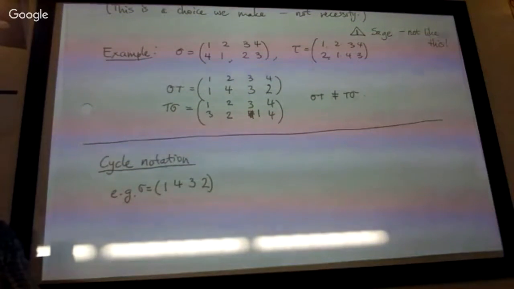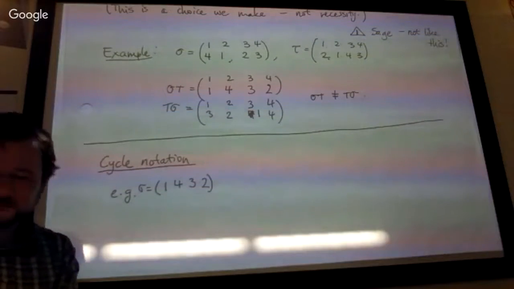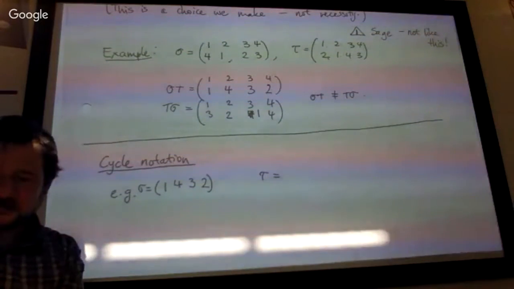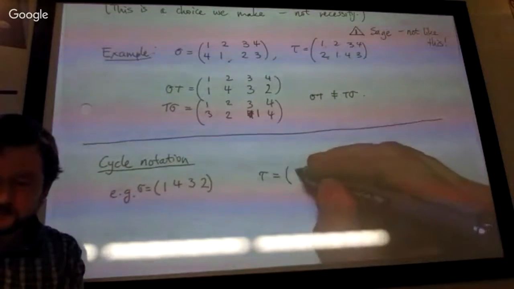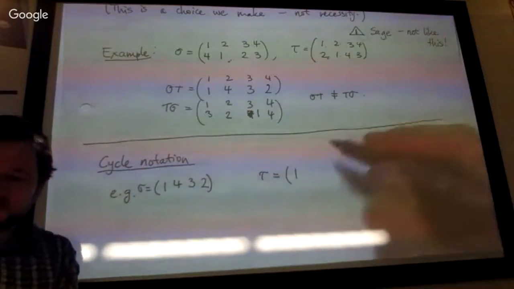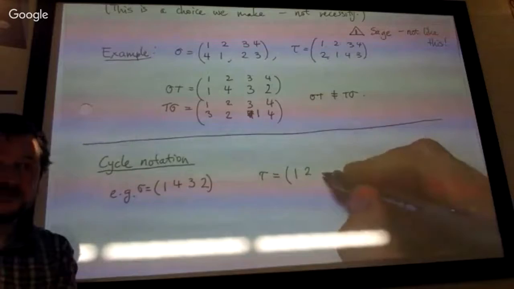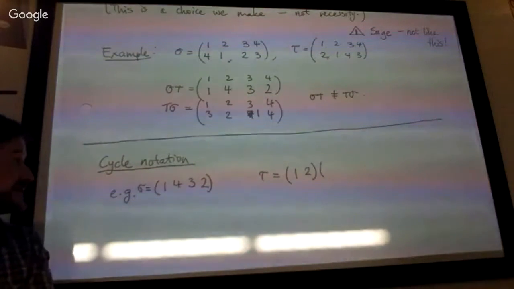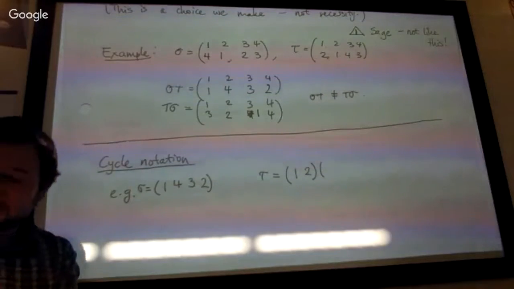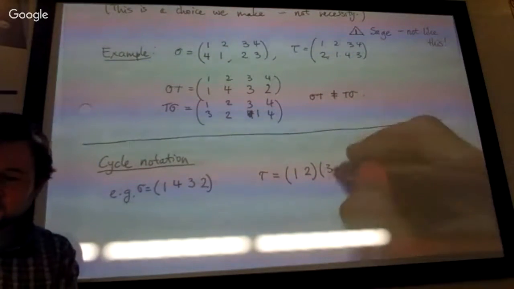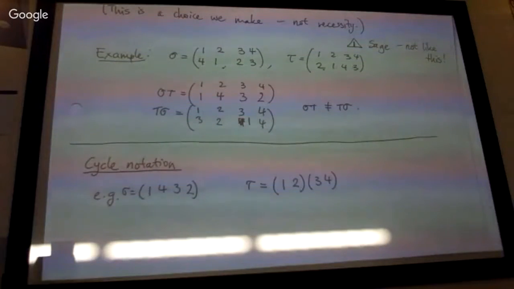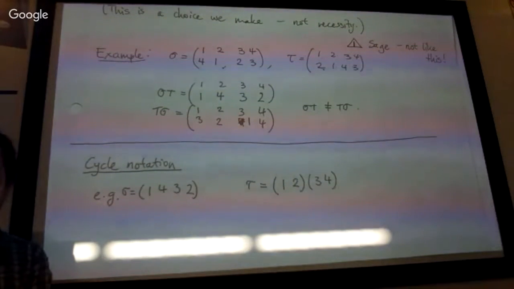This is why tau is, start with the 1. 1 goes to 2, 2 goes to 1, end. What's the least element we've not used yet? 3. 3 goes to 4, 4 goes to 3. Okay, so this is called the cycle notation of permutations.